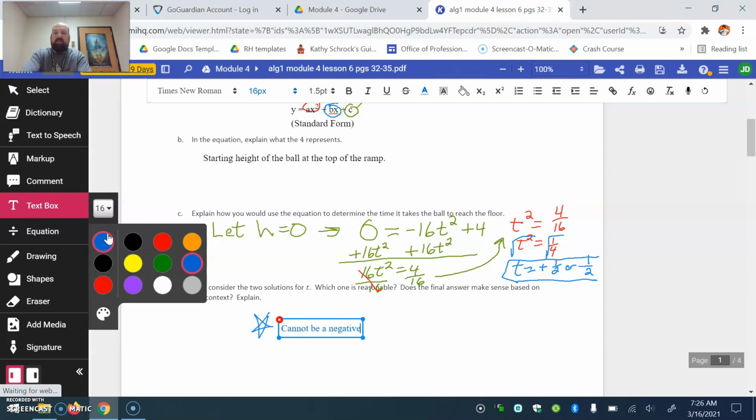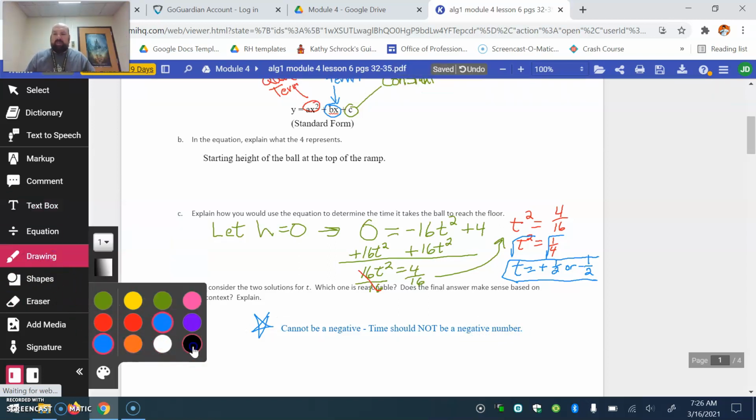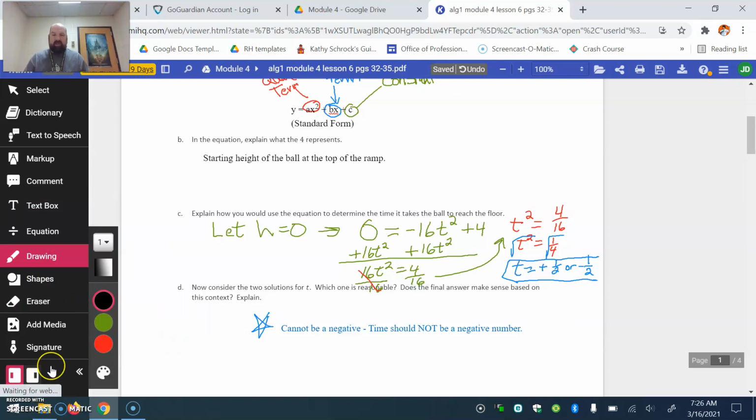Time should not be a negative number. It's not always the case, but usually. So my final answer that makes sense for this problem is t equals 1/2 seconds. All right, I'm going to pause the recording here and move to the next problem.